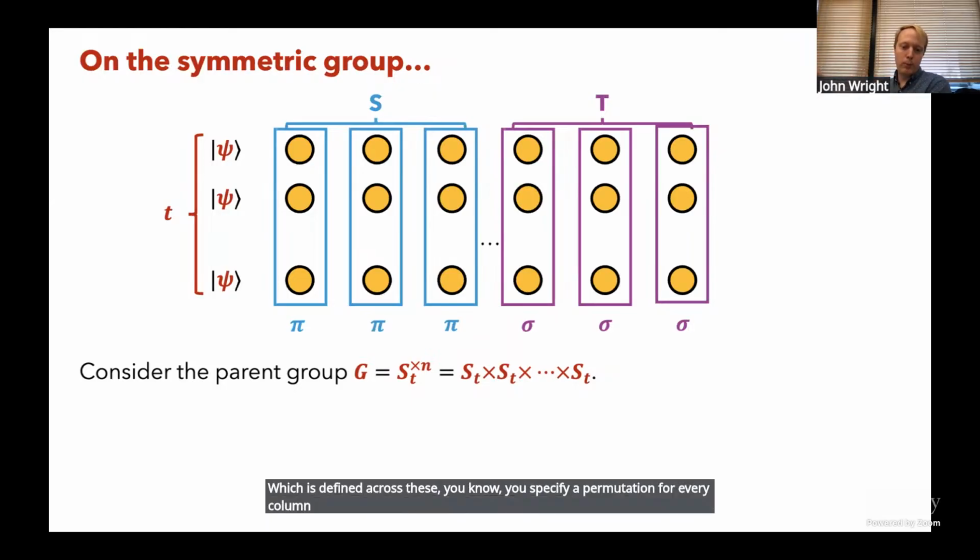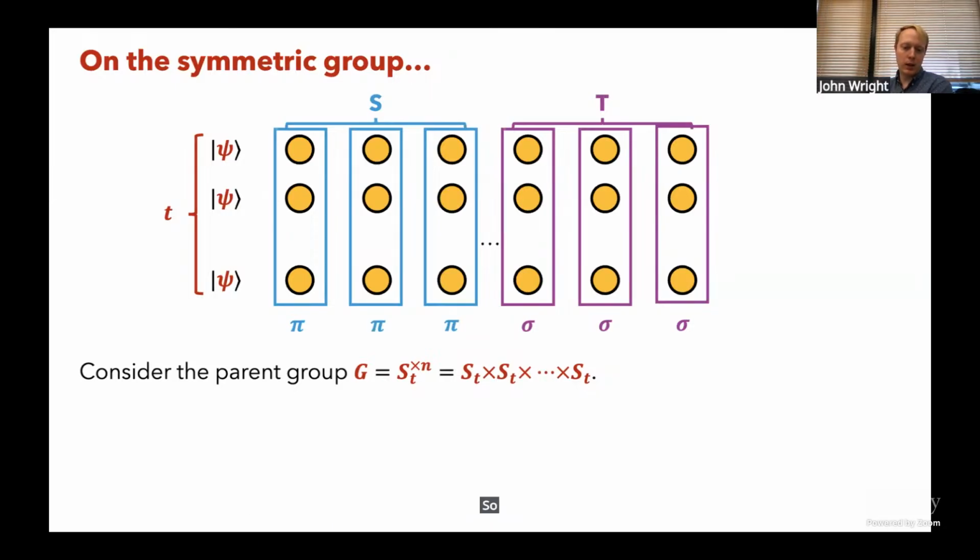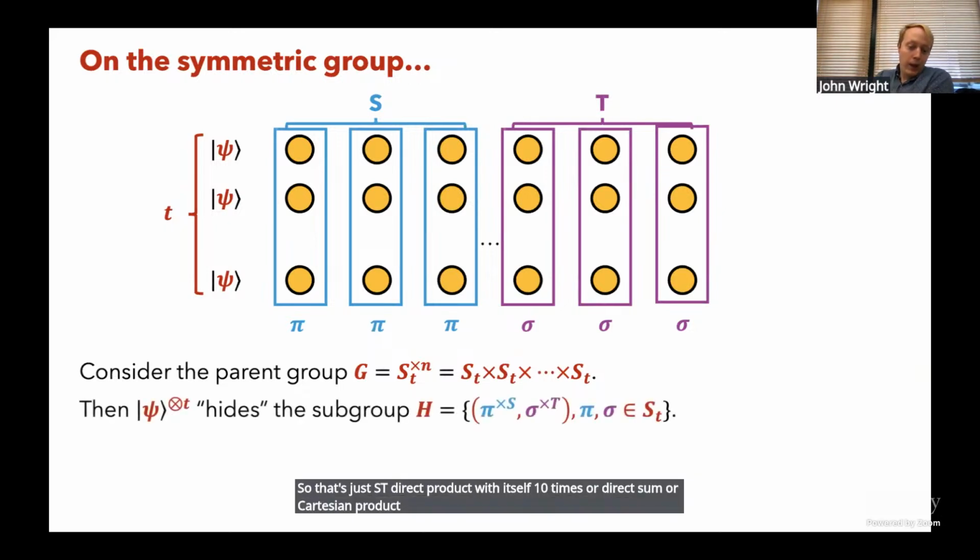Maybe you do a different permutation across each column, and that's your group G. So that's just S_T direct product with itself n times, or direct sum, or Cartesian product. And in that case, psi tensor T will hide the subgroup of G specified by H, where H is just all of the permutations which are the same on S and then the same on T. So you specify a pi on S and a sigma on T.